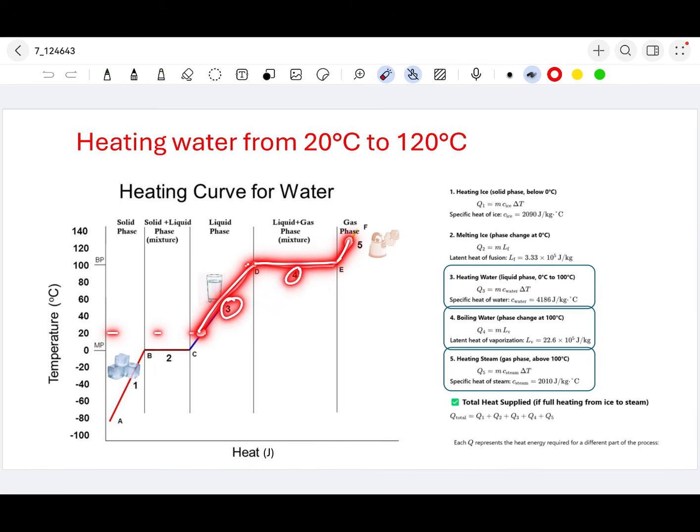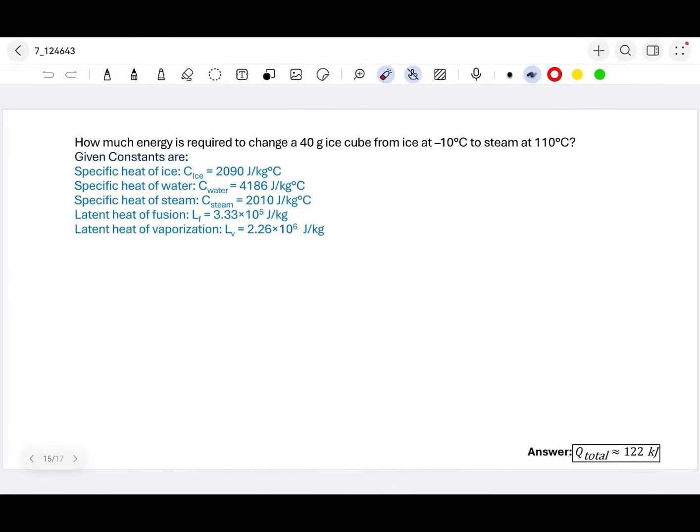So step 3, step 4, step 5. Step 3 is the heating of water, then boiling of water, that is the phase change, and heating the steam. So the total energy is Q3 plus Q4 plus Q5. Finished.